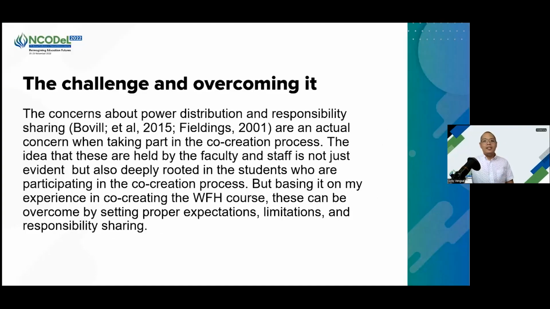The perceived challenge stated in the previous research, the research that was already cited before, was the power distribution, where power is mostly thought of by students as something that is always in faculty, always in staff, always in the institution, and they merely provide feedback through feedback forms after the course, or just mostly taking in the course itself and having no autonomy, no decision making in the process of how to develop it or how to further present it.